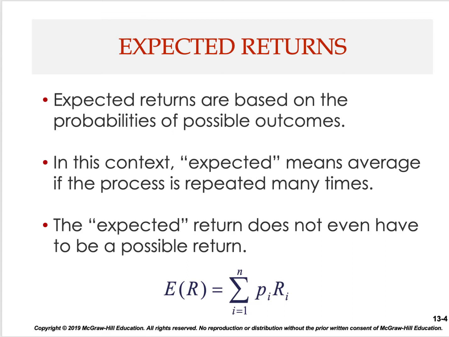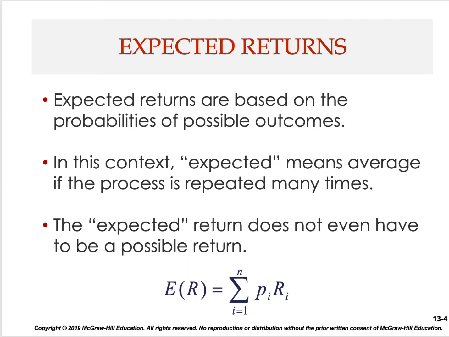If by chance there's a recession, the probability of there being a recession is, let's say, 70%. And if that state of the economy happens, meaning a recession, then our return will be 5%.